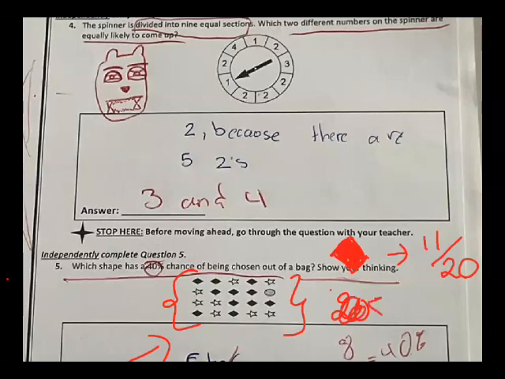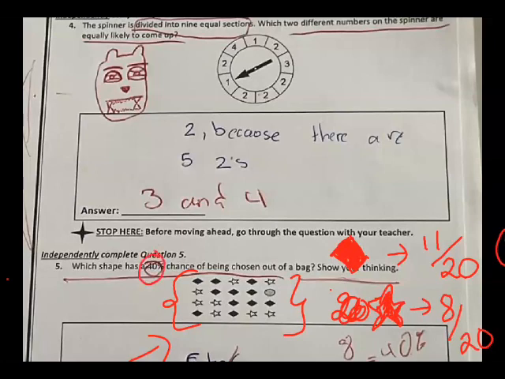How many stars are here, Abdurrahman? 1, 2, 3, 4, 5, 6, 7, 8. Excellent. How many circles are here, Abdurrahman? Circles 1. So it is 1 over 20, right, Abdurrahman?